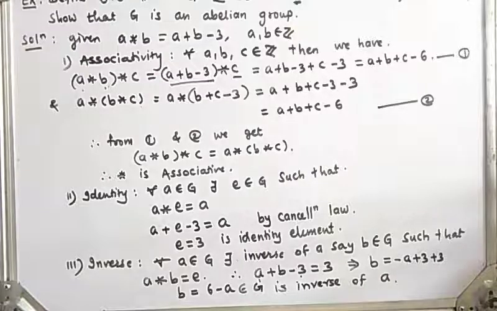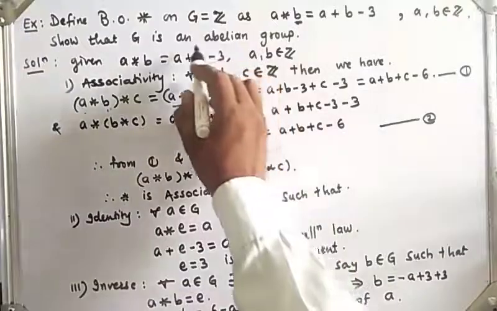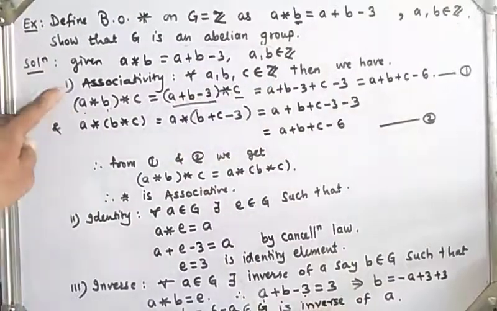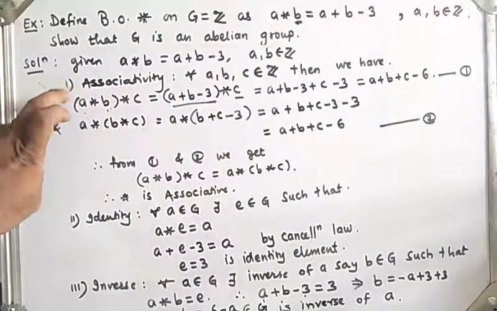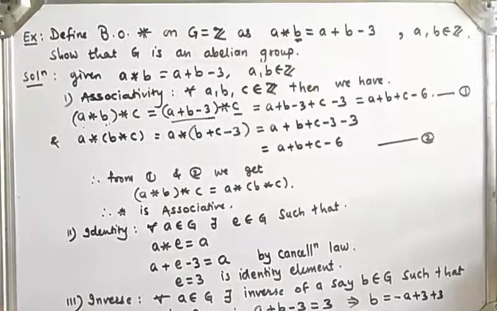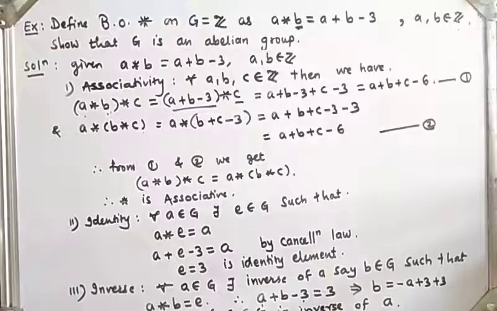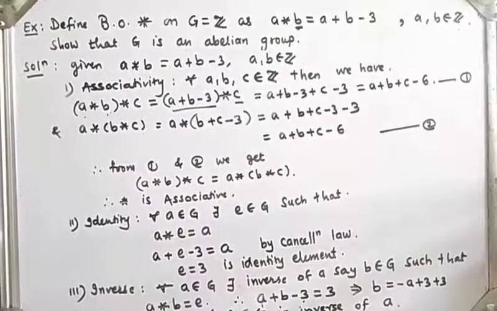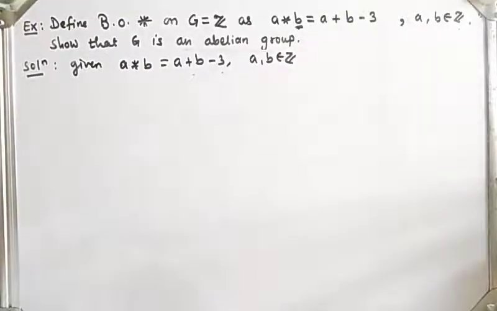Now last, to check whether it is an abelian group. Here it satisfies all three properties: associativity, existence of identity, existence of inverse. That means G under the binary operation star forms a group.